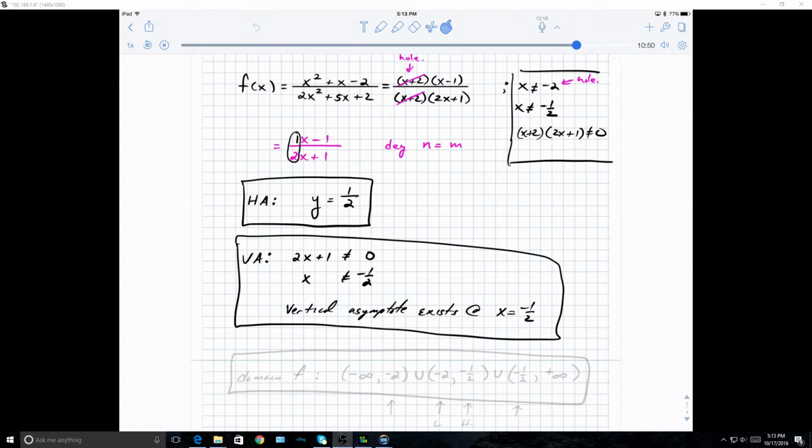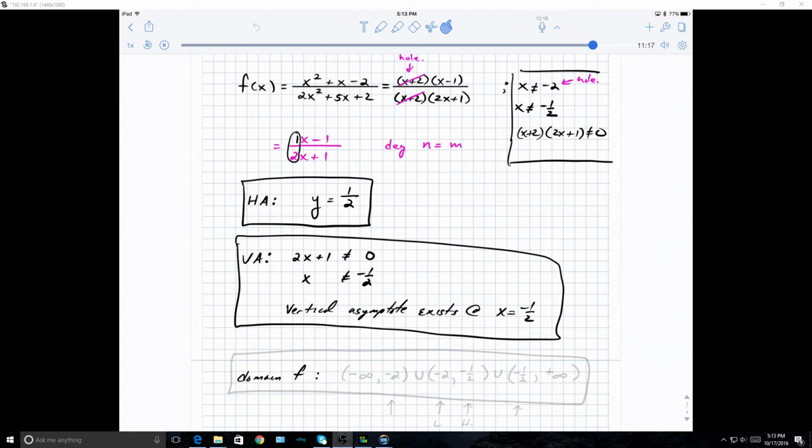So now we can actually put the domain together here. The domain of f, well, let's use intervals here. We know that there are specific points that x cannot be, right? x cannot be negative 2, and x cannot be negative 1/2. At those particular points, there's going to be some problem with the output.